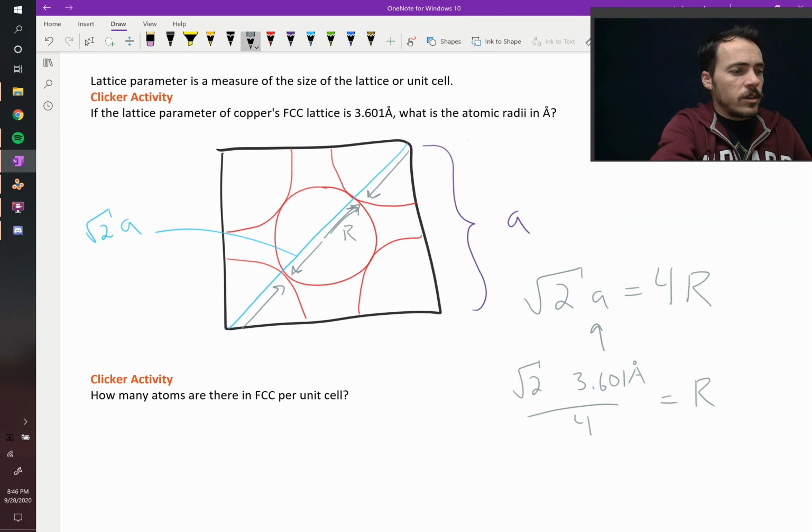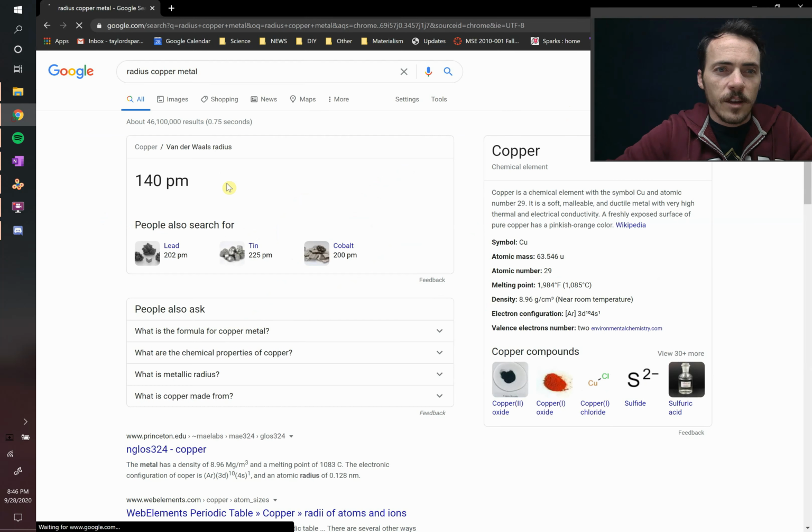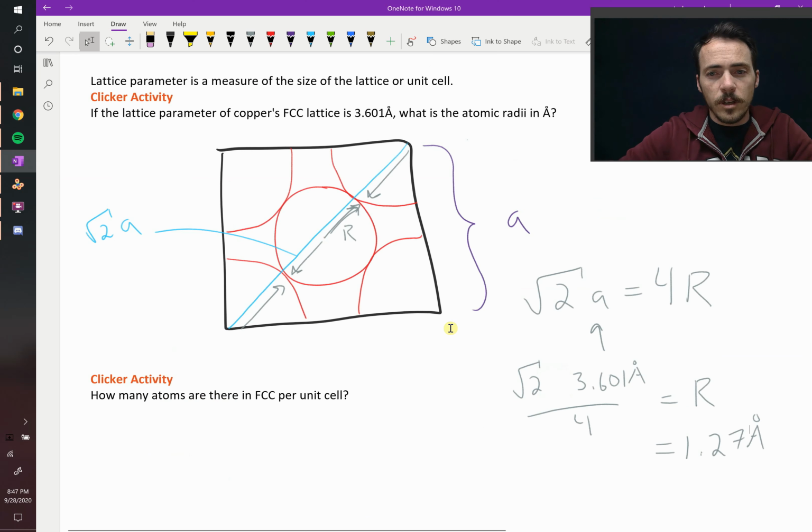When I punch that into a calculator, I find that the radius of copper ought to be 1.27 angstroms. Let's test and see if that's what it actually is. Yeah, check it out. This one lists copper at 140 picometers, and this would be 127 picometers. So we're pretty darn close. We're within 10% or so.